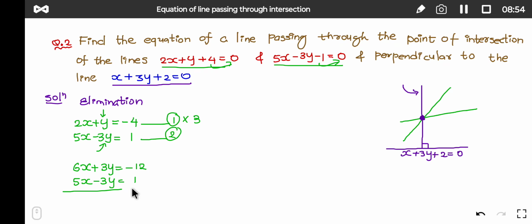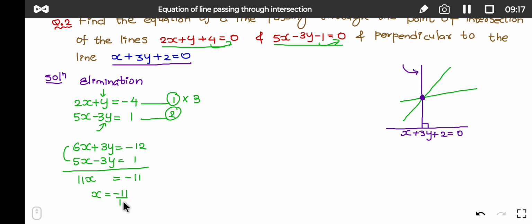So we don't have to change the sign, because plus 3y and minus 3y get cancelled directly. So 6x plus 5x is 11x, and minus 12 plus 1 is minus 11. So from here the value of x is minus 11 by 11, which is minus 1.